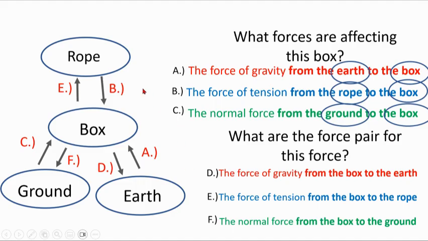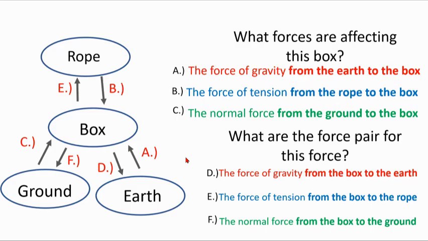There should never be, in a force schema, an arrow that does not have another arrow in the equal and opposite direction. If you see that, that means you're missing a force. So that's where a force schema becomes important, just to keep us from missing a force when we're analyzing a situation.